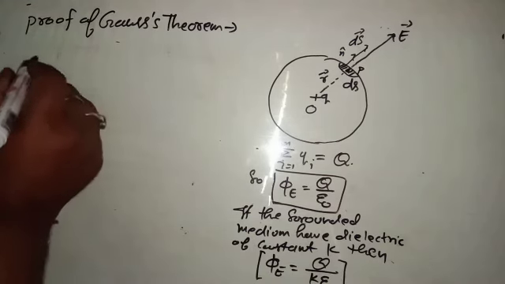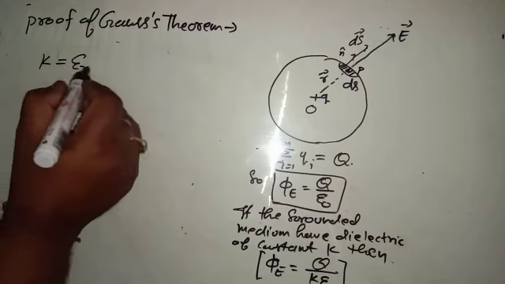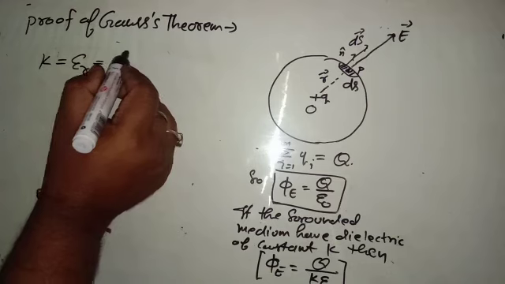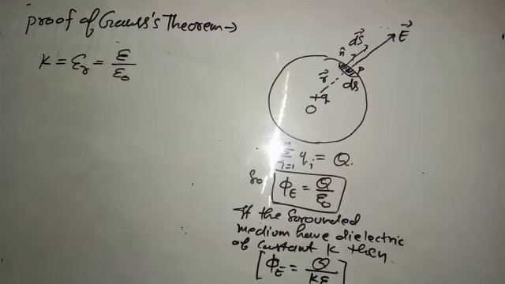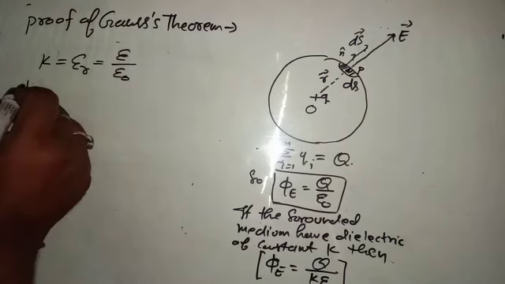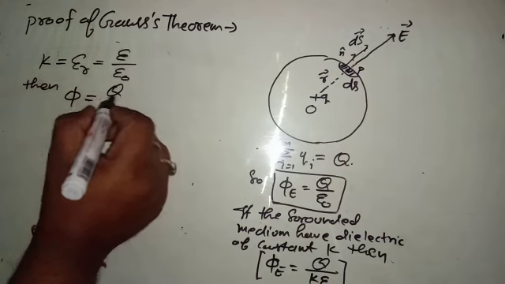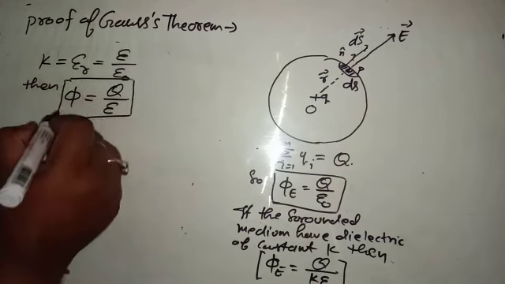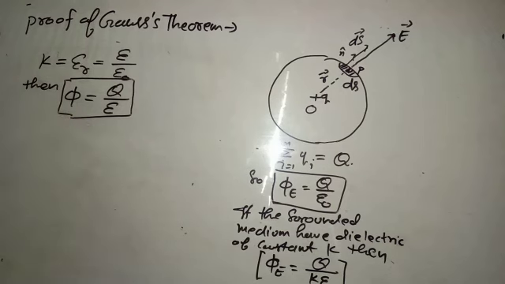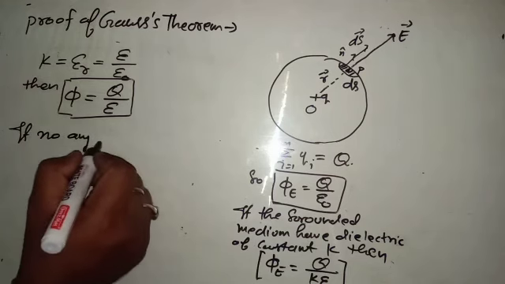Since we know that dielectric constant k is the relative permittivity, which is equal to the permittivity of the medium to the permittivity of free space, the flux phi is equal to the total charge upon epsilon. This is the electric flux when the charge is enclosed by the medium.